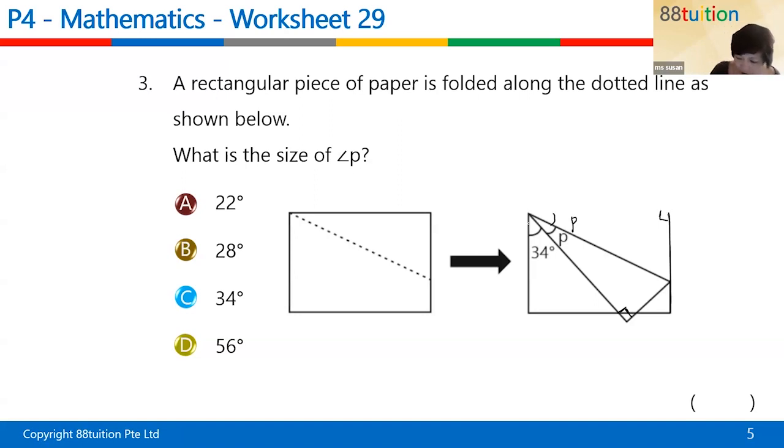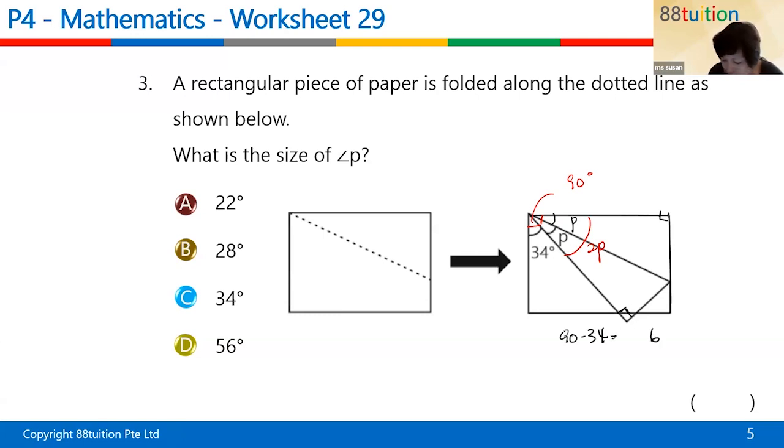So how are you going to find this? This is a right angle, which is 90 degree. Okay, so this P will make up 2P first. So I need to find 2P. So let's go. Okay, 2P will be 90 minus 34.